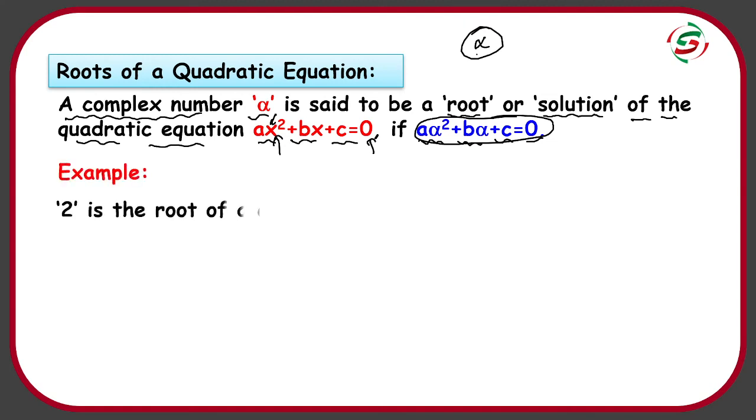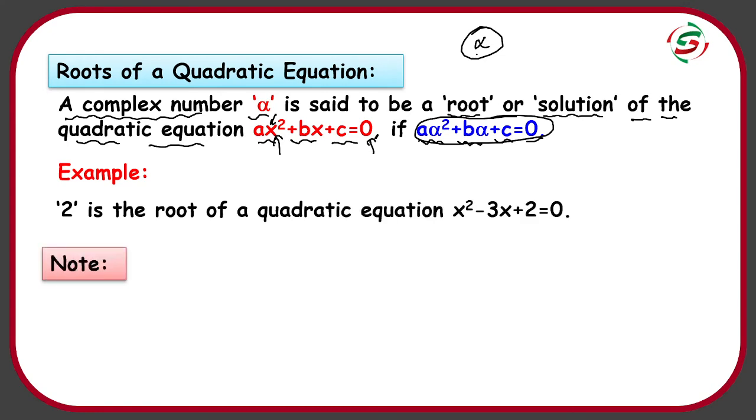Okay. So here 2 is the root for quadratic equation x square minus 3x plus 2, because you just see 2 square minus 3 into 2 plus 2. Here 4 minus 6, 4 minus 6 is minus 2, plus 2 is going to be equal to 0. Therefore 2 is the root of x square minus 3x plus 2 equal to 0.